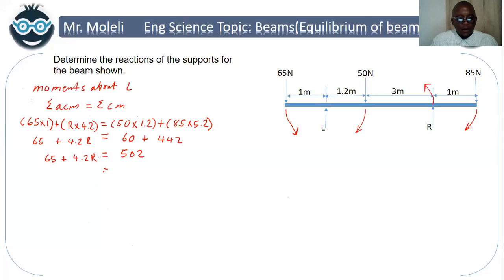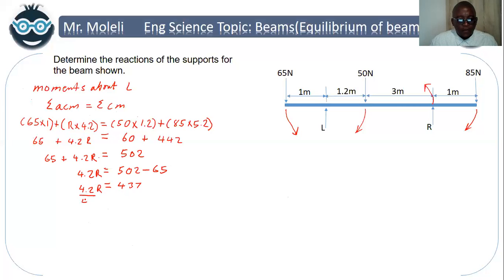Then what you must do now is transpose: 502 minus 65, and then you still have 4.2R here and 5.2R here, and the answer from there will be 437 equals 4.2R.